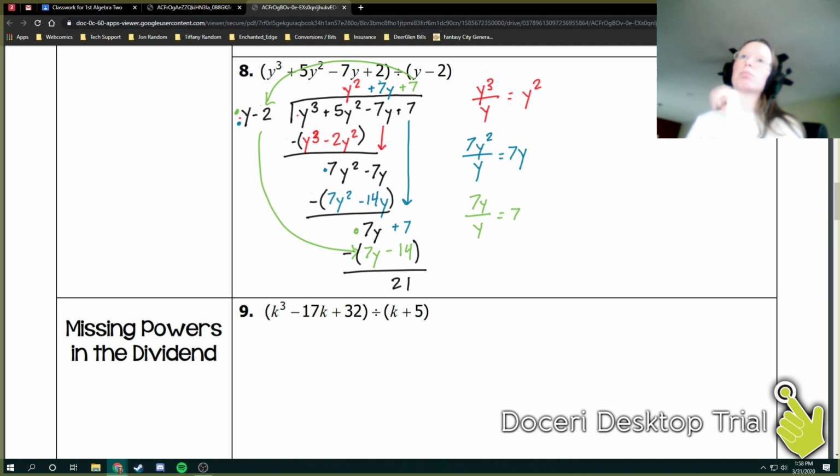Get 21. Alright, so again, the parts I use to write my answer, I have my quotient, my remainder, and what my initial divisor was. So our answer here is y squared plus 7y plus 7 plus 21 over y minus 2.